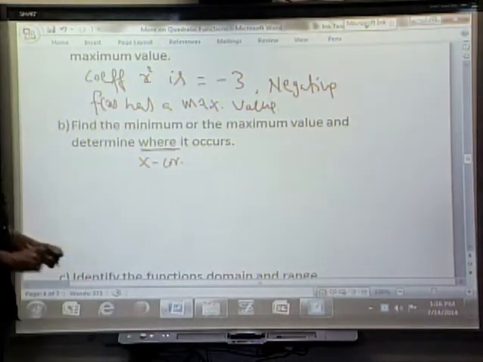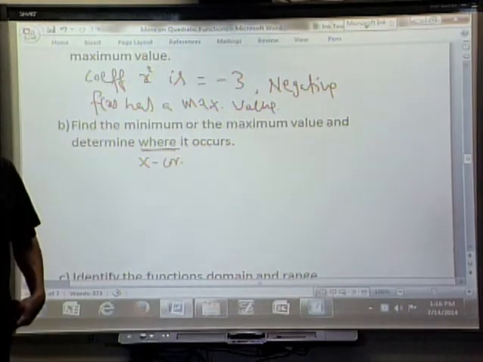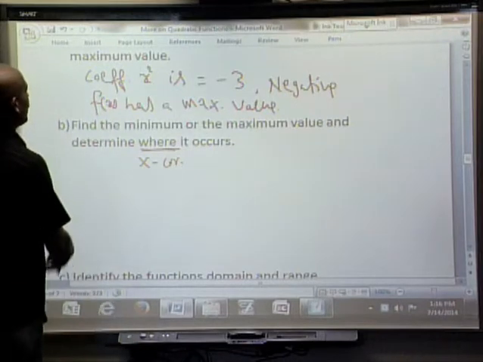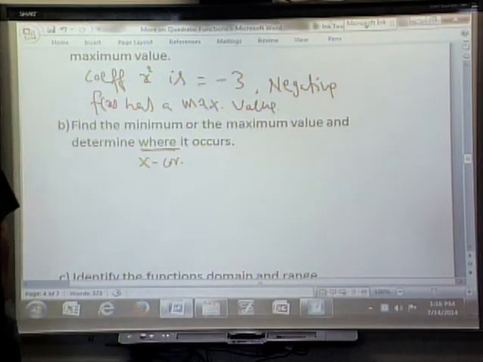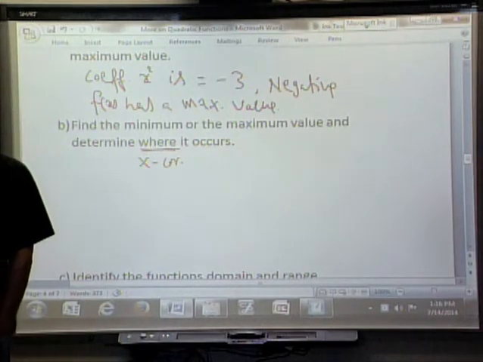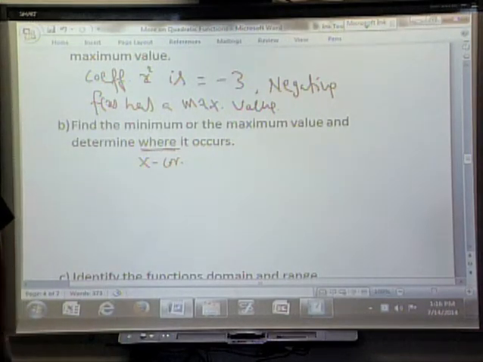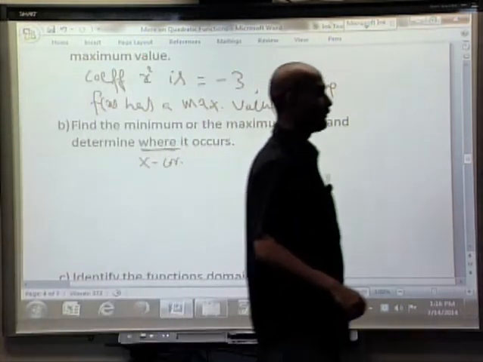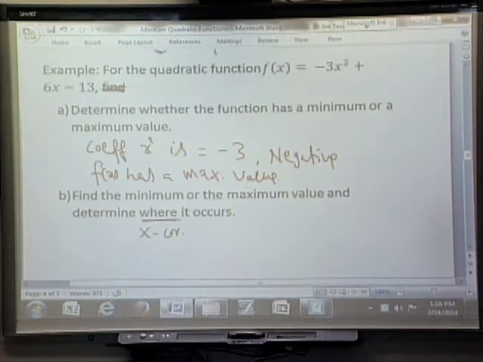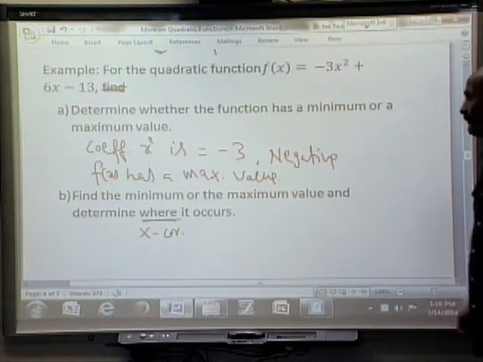If we find the x coordinate of the point where the quadratic function is maximum, we have found the answer for where. And the y coordinate is in fact the actual maximum value. We already know that the maximum or minimum value of the parabola is given by the vertex. So, I will need to identify the vertex of this parabola.